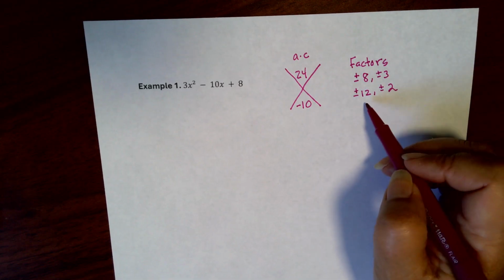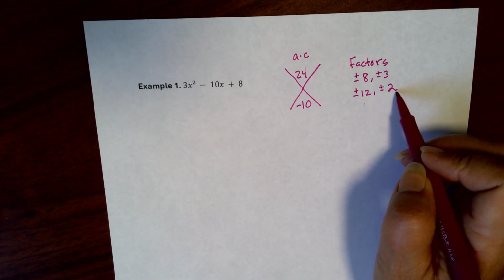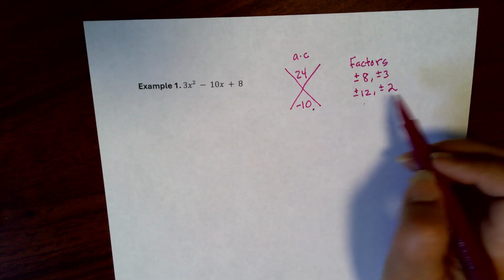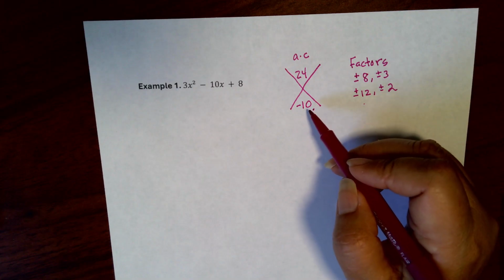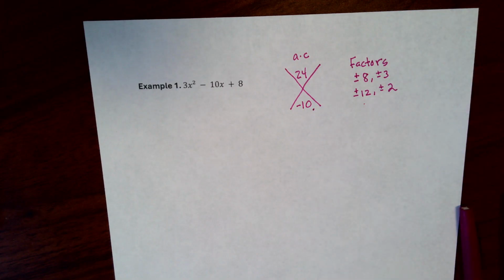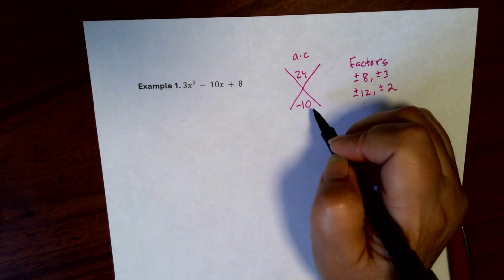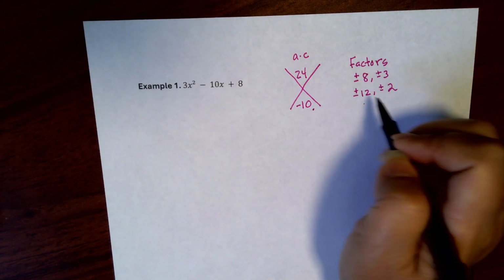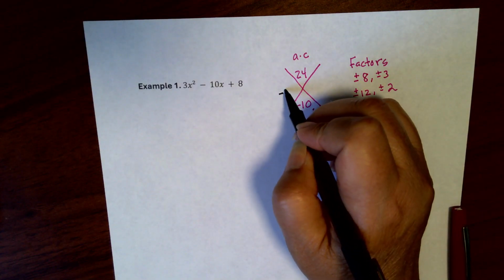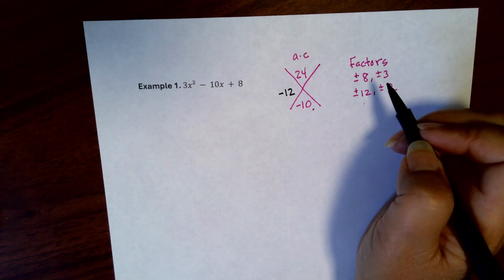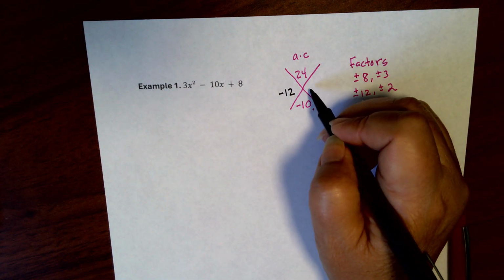Okay, so I'm going to stop there because I noticed that 12 minus 2 is 10. But I want a negative 10. So that means the terms that I'm going to use to complete factor by grouping, I'm going to need a negative 12 and a positive 2.